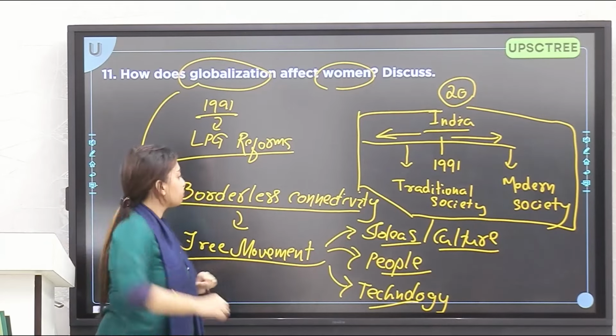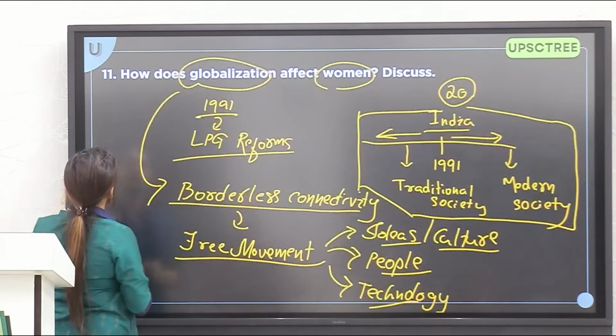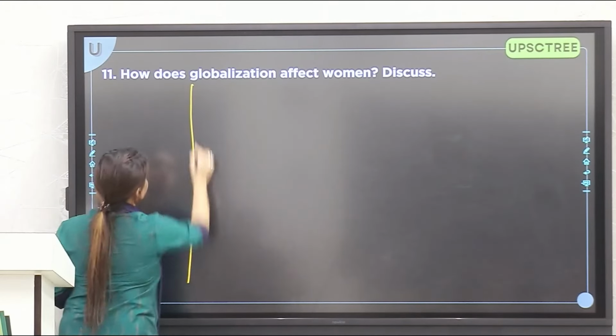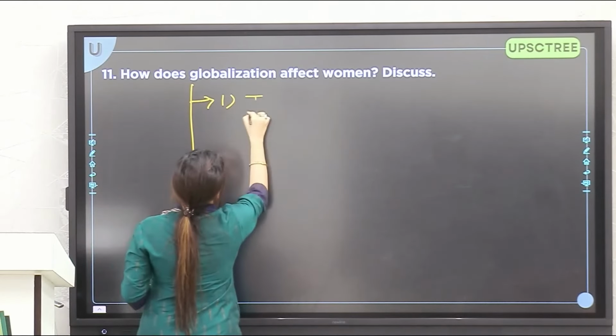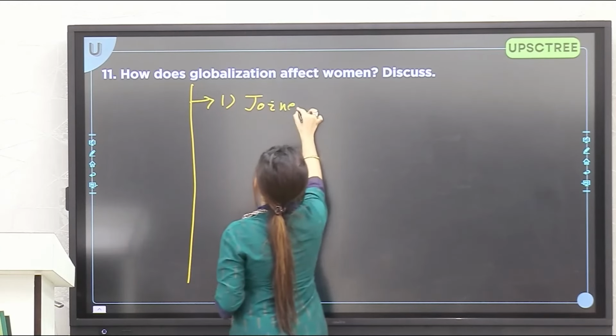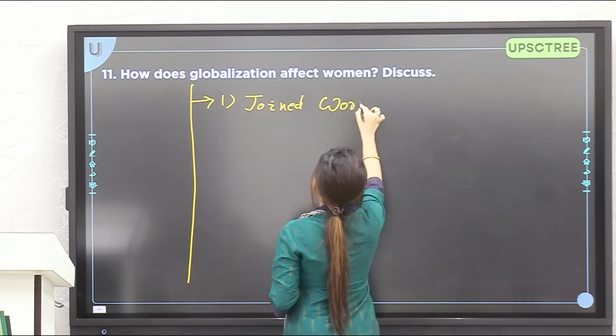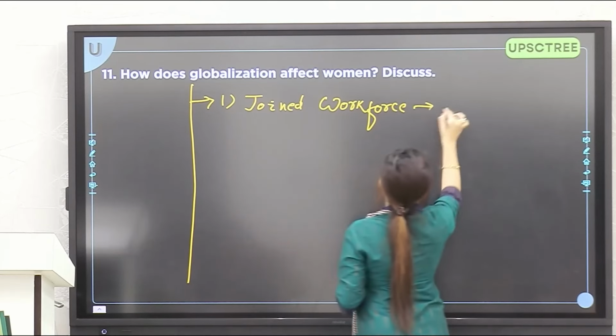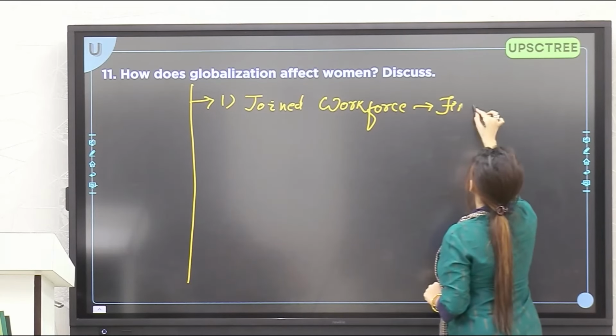What else? What else? What else? What else will there be? Joint workforce. Okay. So it created financial independence.